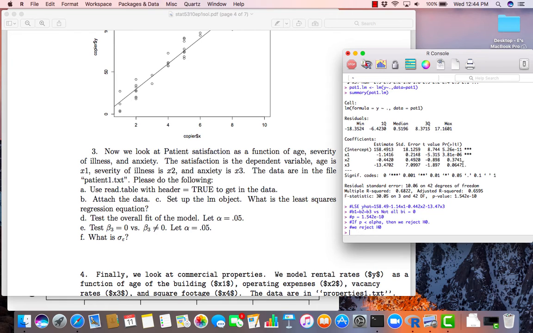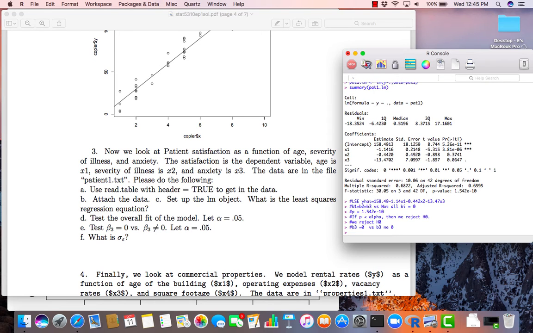Okay? Now let's look at testing beta 3. So we're going to test beta 3 equals 0 versus beta 3 not equal to 0. The p-value, in this case, is equal to 0.0647.